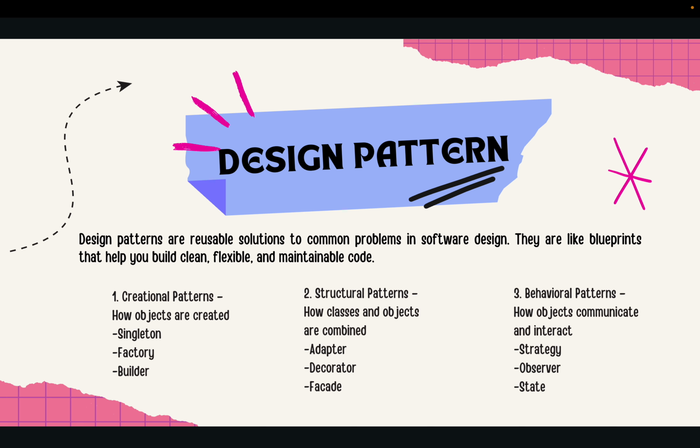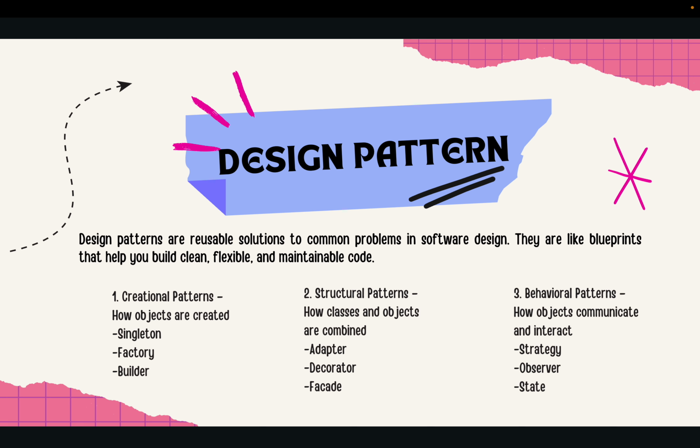There are three kinds of design patterns: creational design pattern, structural design pattern, and behavioral design pattern. If we want to create any object, we can use the creational design pattern. There are multiple examples called singleton, factory, and builder.